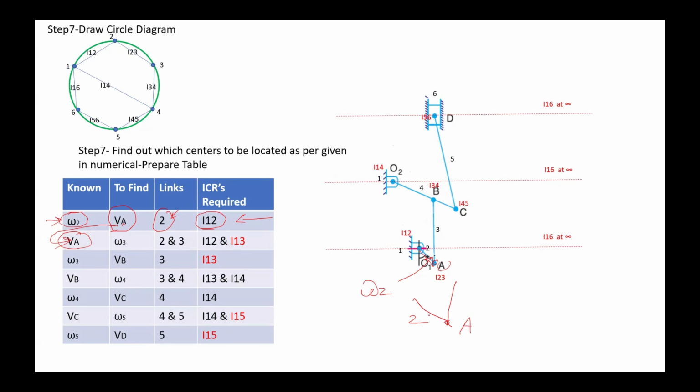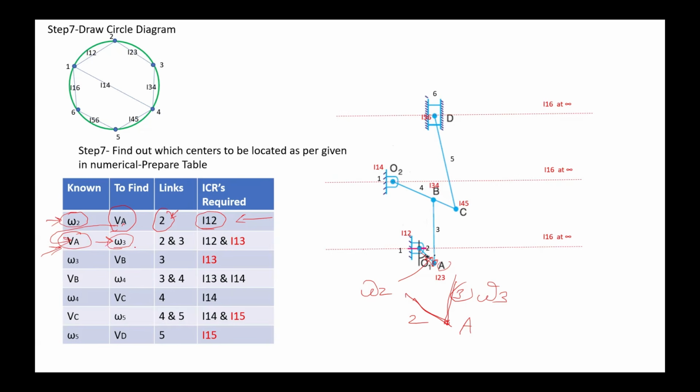So A is a common point of link 2 and link 3, and with that A, for which we have already calculated the velocity, now we have to consider the next link, omega 3. Omega 3 you can easily find out because I know the velocity of A. So just go for what you have to find out, the omega 3.